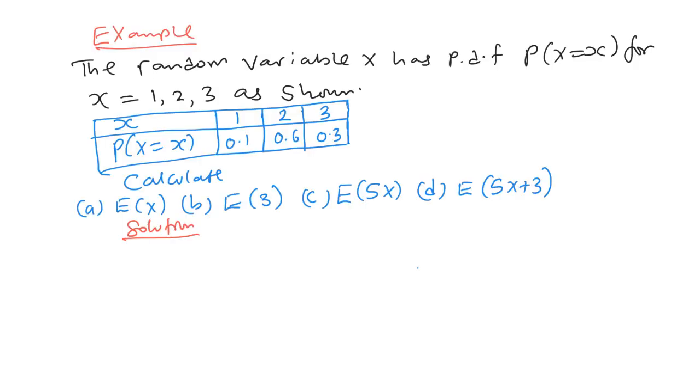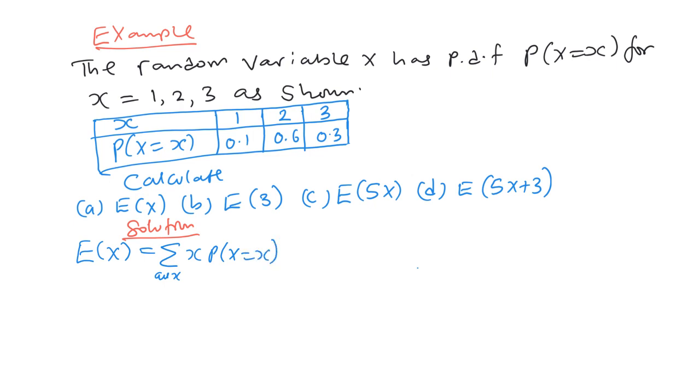Let's look at an example and see how we apply this. They have given us a table having information. The values of x are 1, 2, 3, and the probabilities are 0.1, 0.6, and 0.3. The first part is what we have been dealing with. Calculate E of x. E of x equals the summation for all x's, x times the probability.